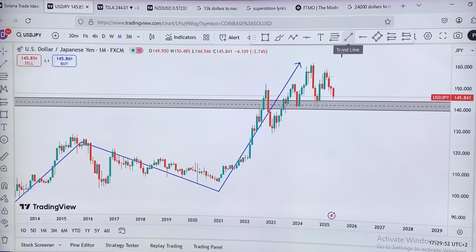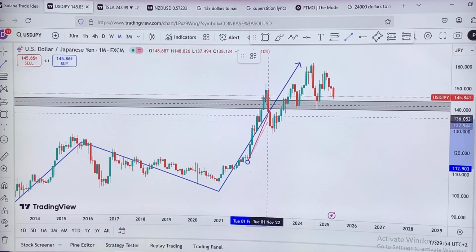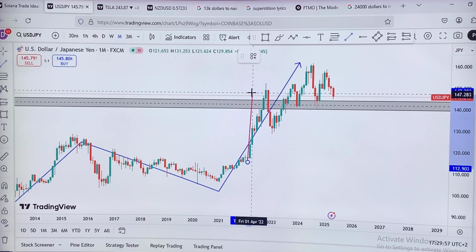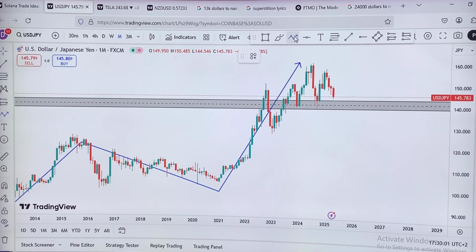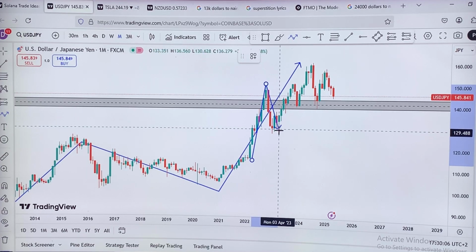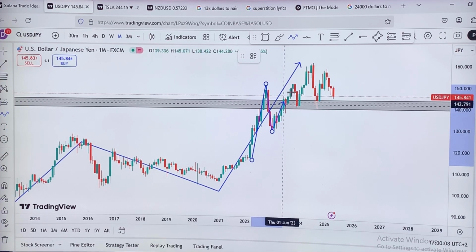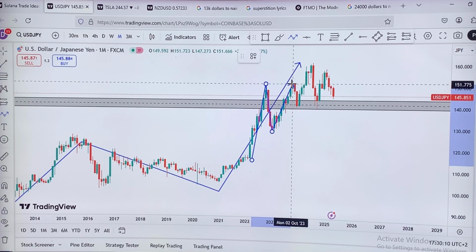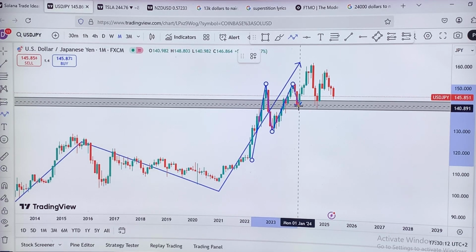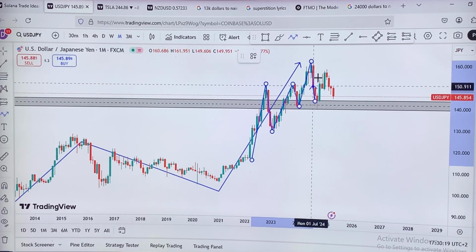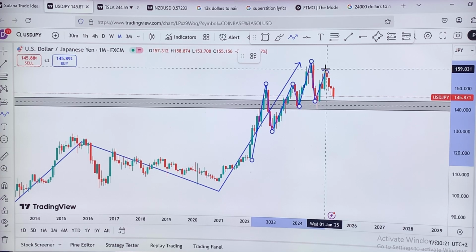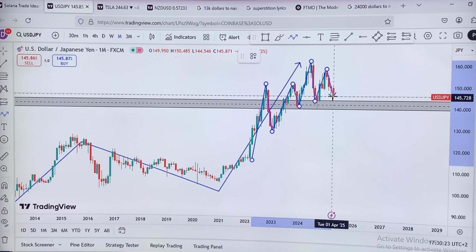We're seeing this, let's say high, low, higher low, higher high, higher low, higher high, higher low, lower high, and higher low.